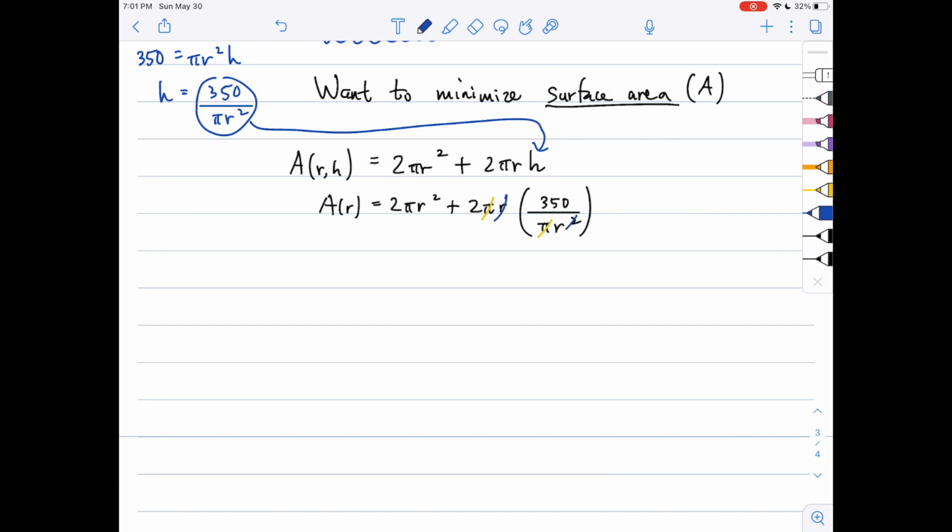So what we're left with after we simplify is 2 pi r squared plus 2 times 350, which is 700, and then we also have one factor of r in the denominator. I'm going to move that up and write it like this. The reason I'm writing it like this is because the next step is to find the derivative of the area function.